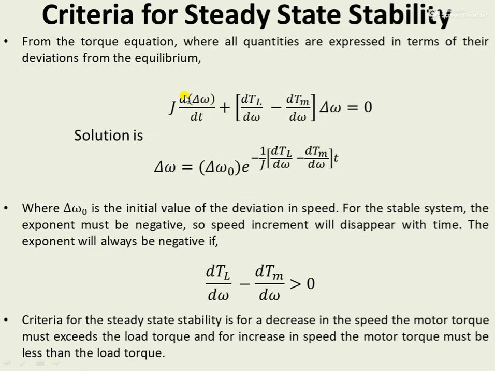The term y will be same as that of delta omega and x is equal to t. So dy by dx is equal to k into y, and the value of k will be minus 1 by J into dTL by d omega minus dTm by d omega. So it is in accordance with the standard form dy by dx is equal to ky.